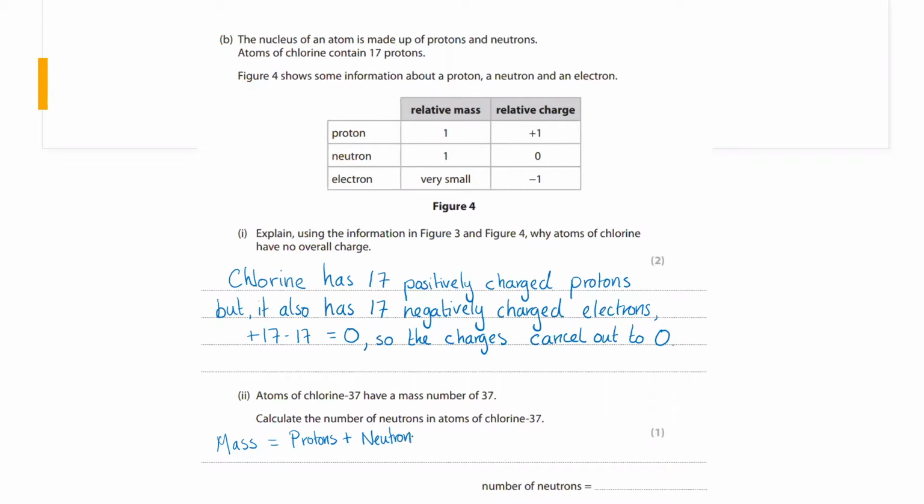So the mass is 37. We know the protons are 17, plus something, so we have to do 37 minus 17. Take 7 off, becomes 30, so 20 neutrons. So 20.